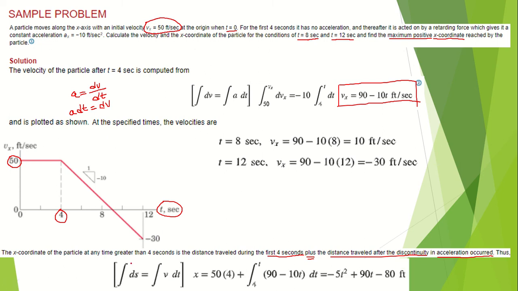We have to make use of this because we are going to solve for the x coordinate of the particle. So the maximum positive x coordinate means that we have to solve for the displacement. All right.